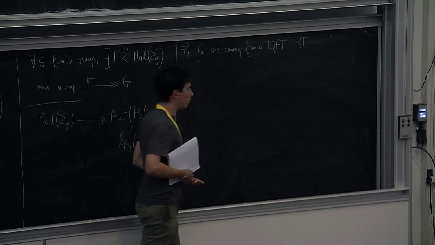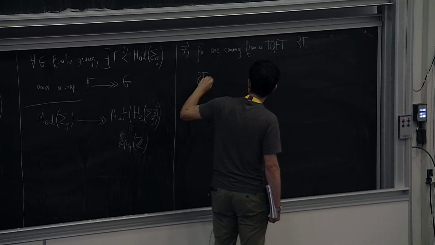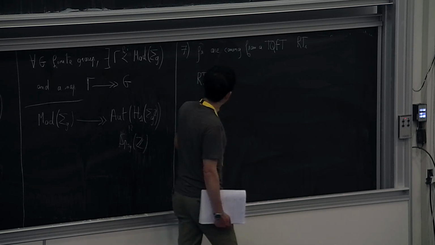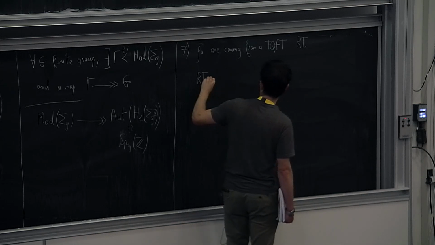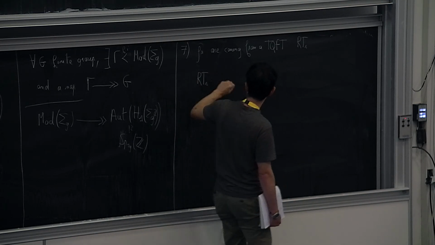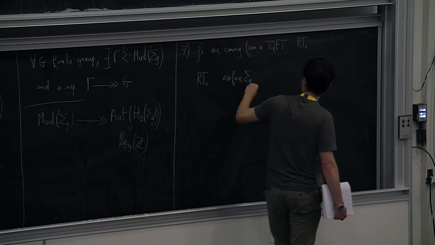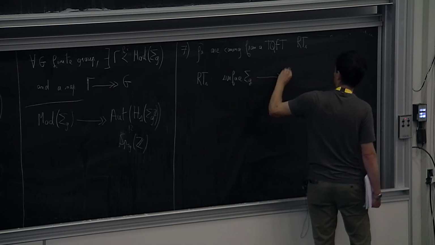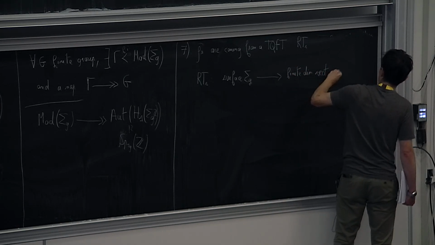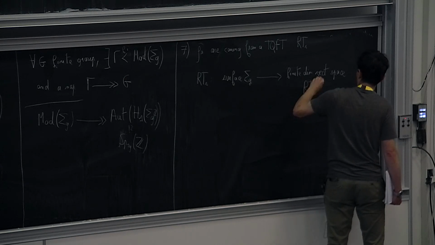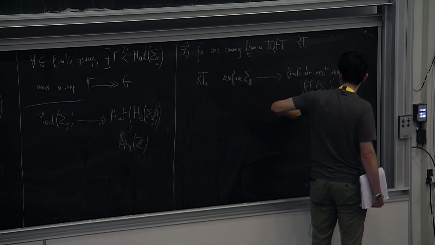I won't explain in full detail what a TQFT is, but what this means is that you have this RT r, which is a functor from the so-called category of cobordisms of dimension 2 plus 1. What does it do? For any surface sigma g, you will get a finite dimensional vector space, RT r of sigma g, together with a Hermitian form.